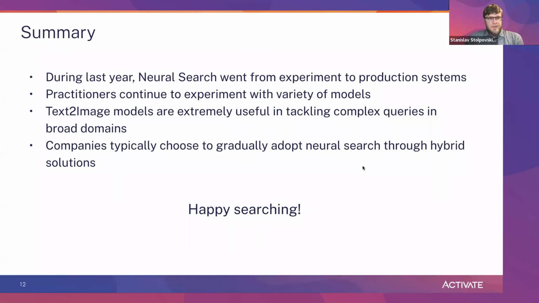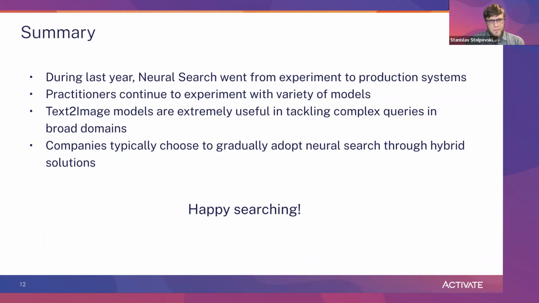And let's summarize a bit. Over the last year, neural search went from the experimental phase to the production phase. We see that many companies are actually bringing neural search into production systems and using it on a daily basis. We see that this area is improving, and we have new models and new approaches coming up almost every month.